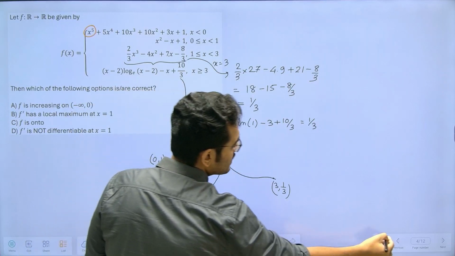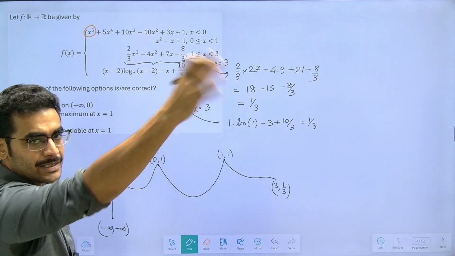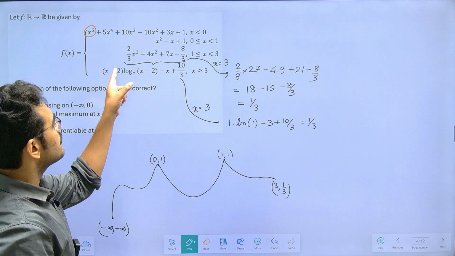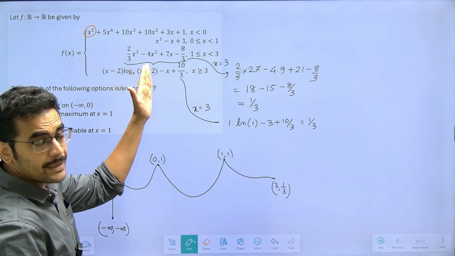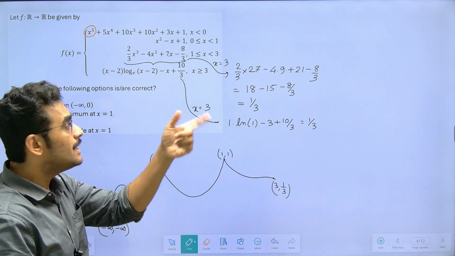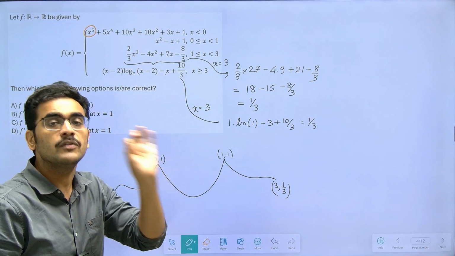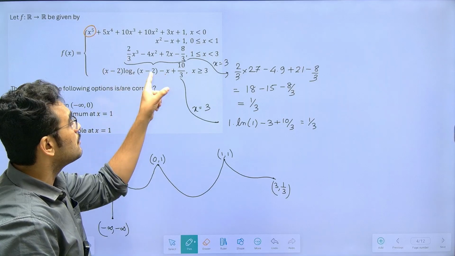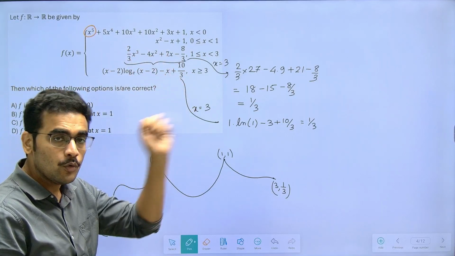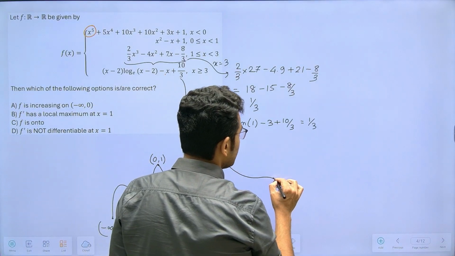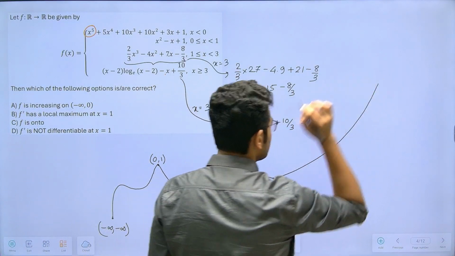As x tends to plus infinity, this tends to infinity into log of infinity, that is also infinity. Infinity of second degree minus infinity of first degree, so compared to this term, x is negligible. Ultimately the function is tending to plus infinity. So from here, it is a continuous function going to plus infinity.